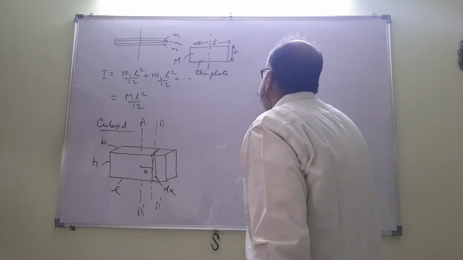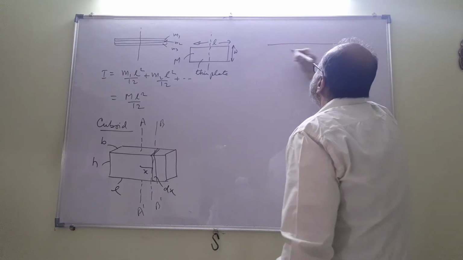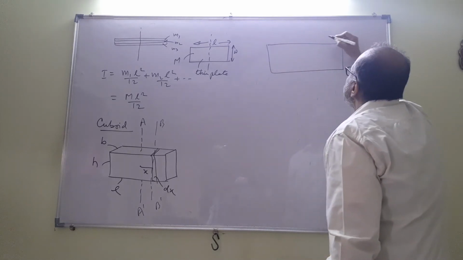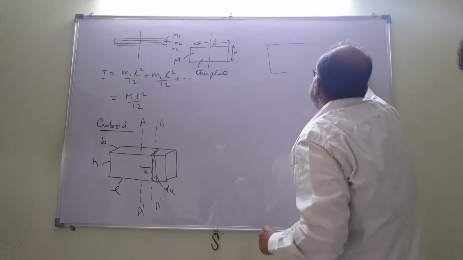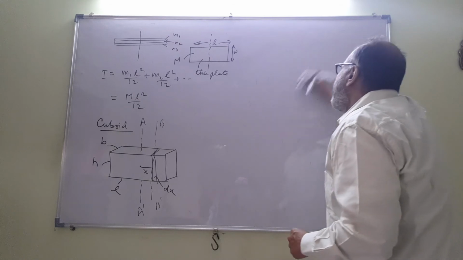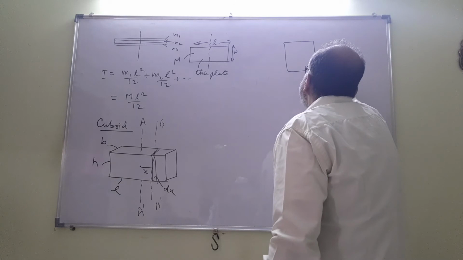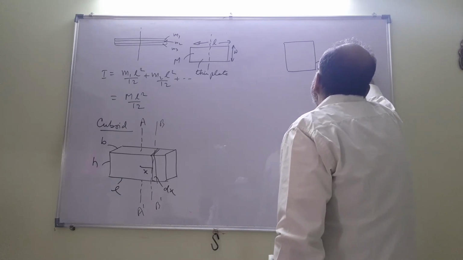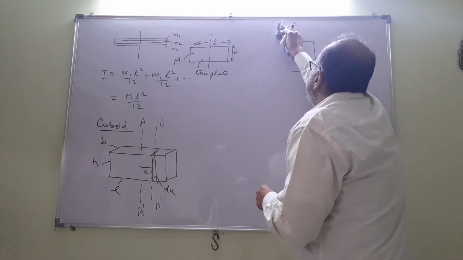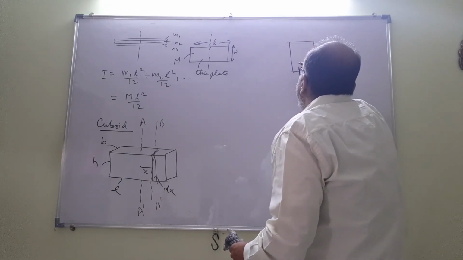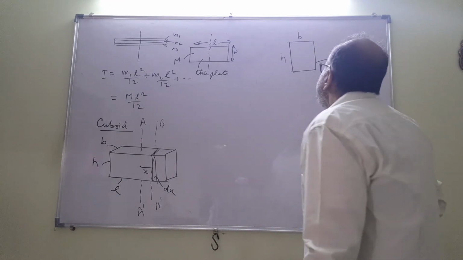So you have basically, if I show that slice, that thin plate, the thin plate will have a thickness dx and a mass dm, and its height would be h, the same h, and this would be b.